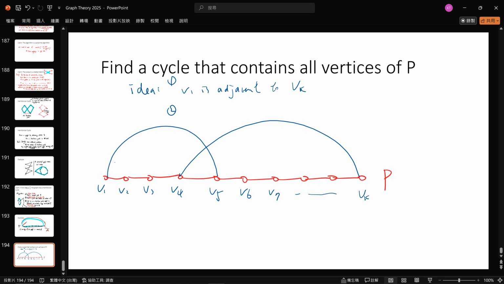We want to find Vi such that V1 is adjacent to Vi, and Vk is adjacent to Vi minus 1. If we can find this Vi and Vi minus 1, then we can build a cycle.